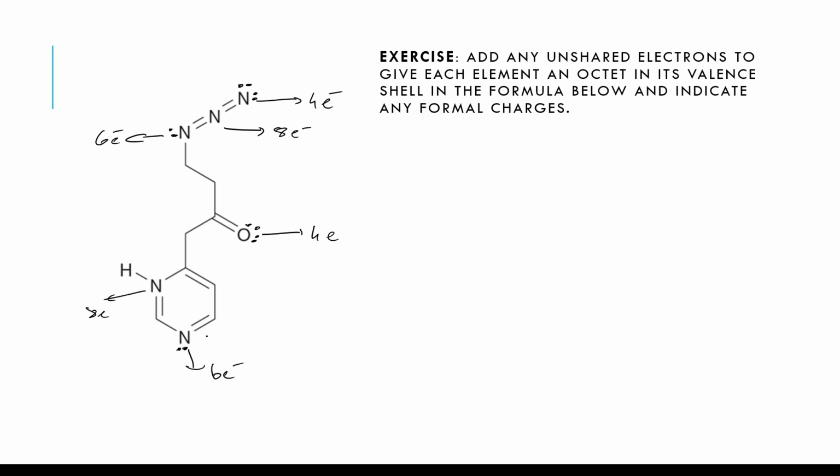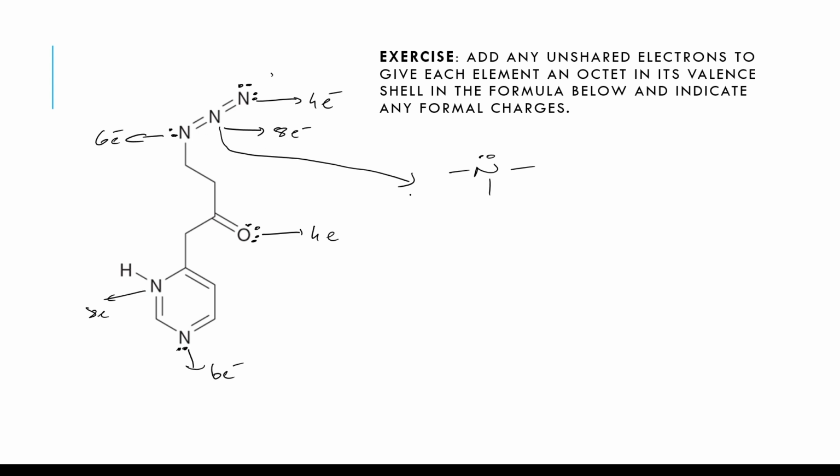Now let's check the formal charges if present on any atoms. I'm going to start from the upper part of the molecule, because I can see that this nitrogen and the other nitrogen potentially can have formal charges. We know that when nitrogen is surrounded with three single bonds and a lone pair, it's neutral. If you calculate the formal charge based on the formula, let me start from the middle nitrogen.